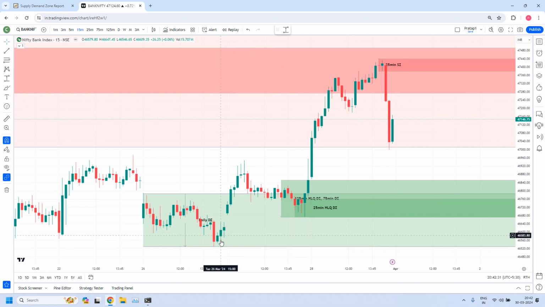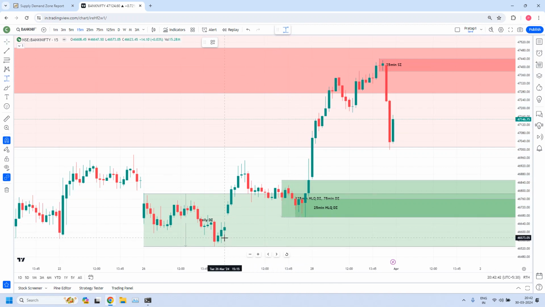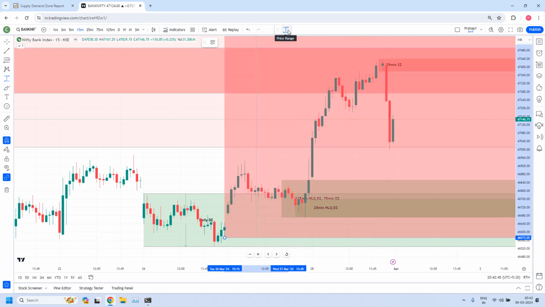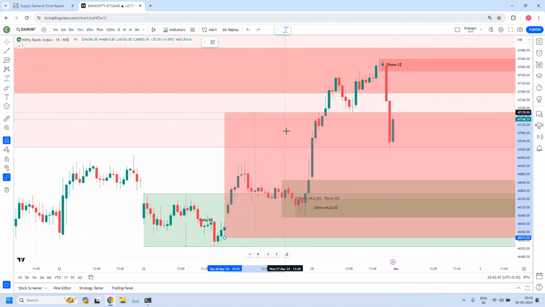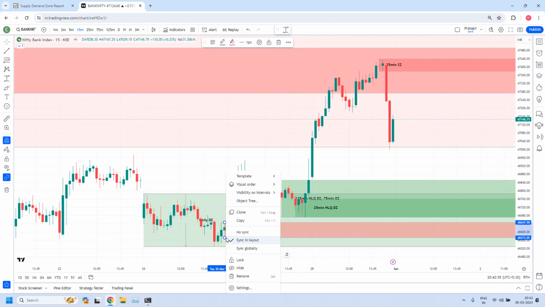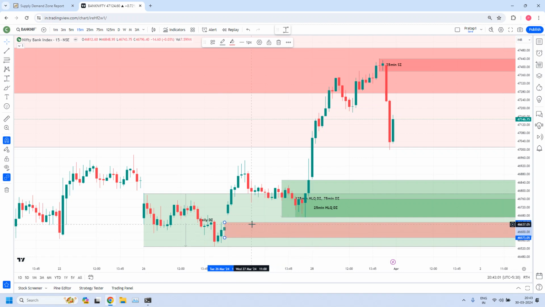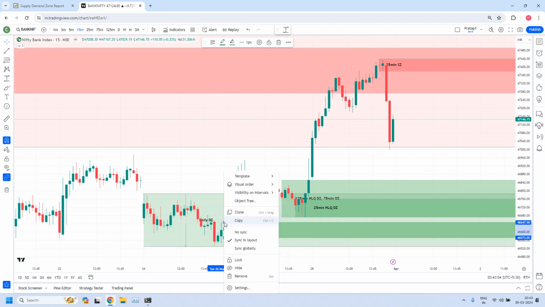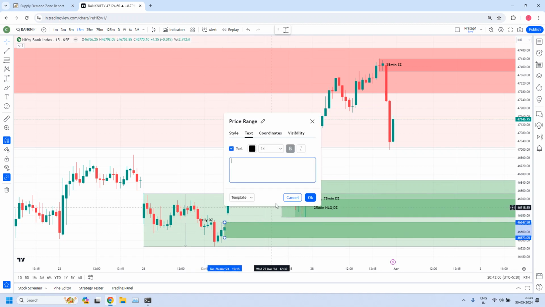Okay, this is the leg candle, base and rally. What is happening here? Okay, this is a 15 minutes demand zone. High liquidity demand zone. 15 minutes high liquidity demand zone.